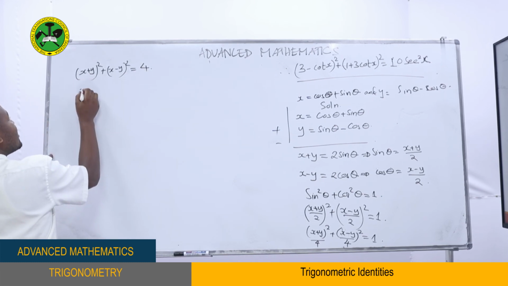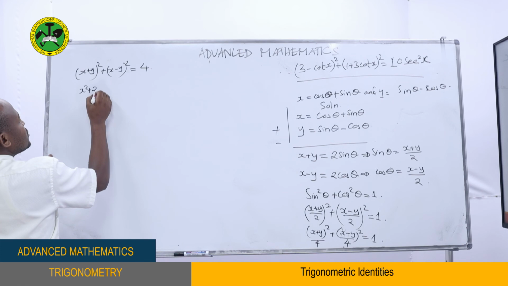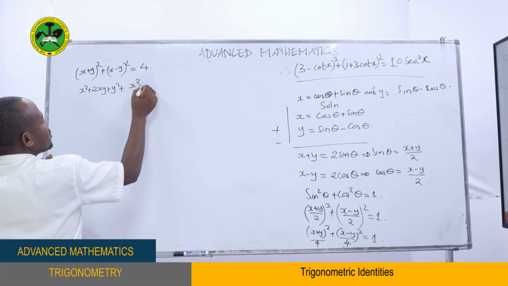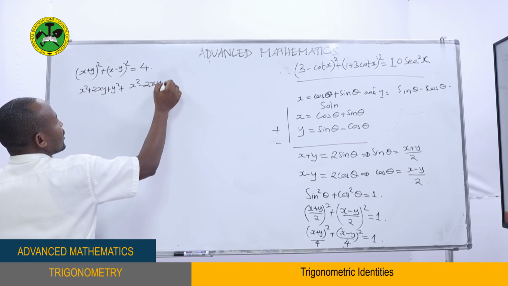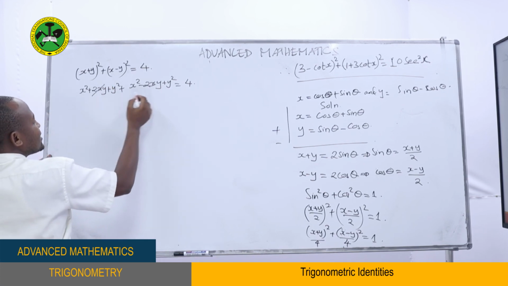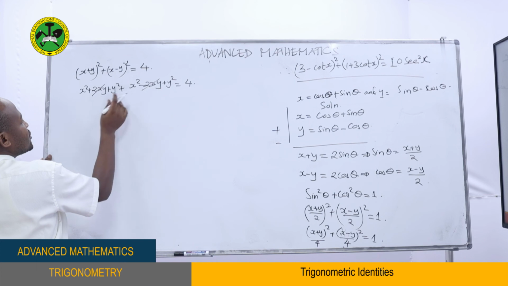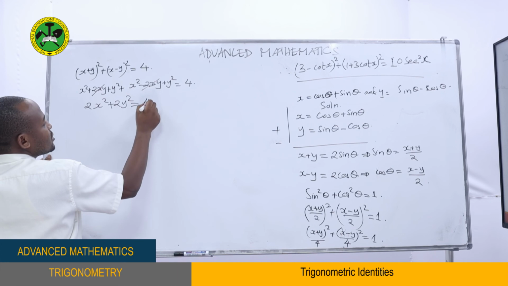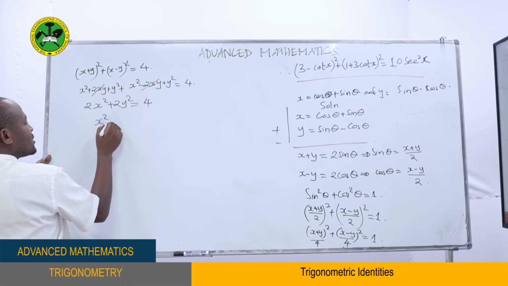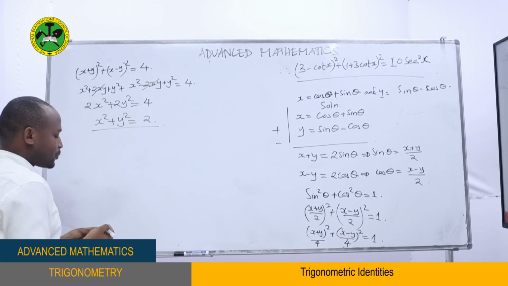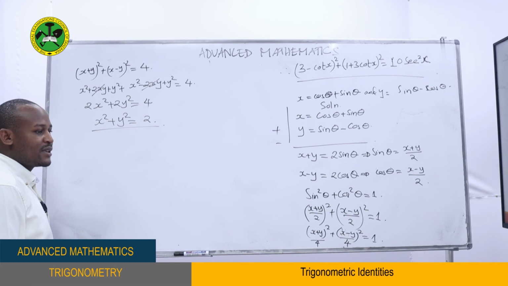And opening the brackets, we have x squared plus 2xy plus y squared plus x squared minus 2xy plus y squared. I know you know that. Then the common terms cancel, and we are left with 2x squared plus 2y squared equals 4. Dividing by 2 throughout, we have x squared plus y squared equals 2. So that is how we remove parameters like that.